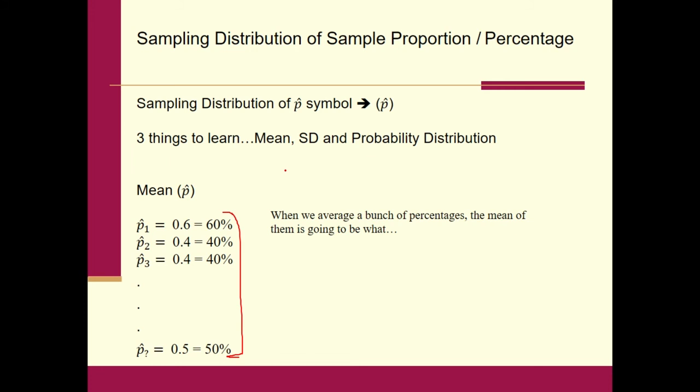It's not going to be like 14.7 or 6.8 like x-bar would be. It's going to be another percentage. That sometimes confuses people, that a mean of a group of numbers can be a percentage. Well, if you start with a bunch of percentages and you average all of them, the average is also going to be a percentage. I just wanted to make that obvious right now.